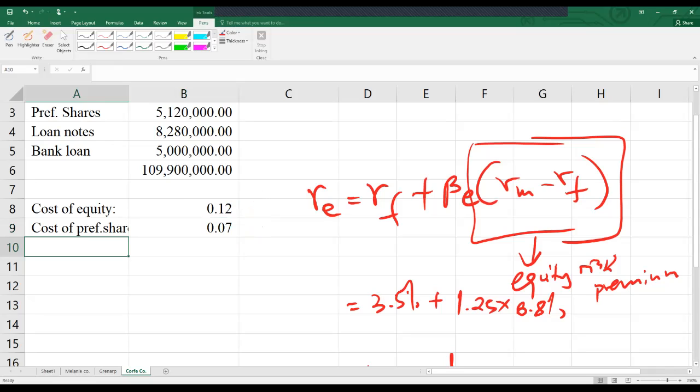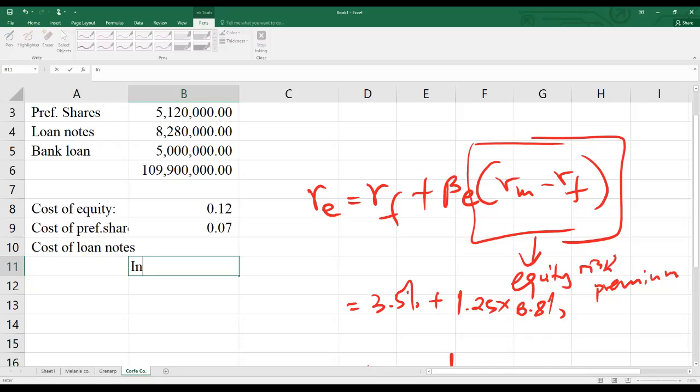Then the cost of the bank loan, sorry, cost of notes, for this company. Let me go to the details. It can be redeemed in 5 years' time at a 10% premium to the market value. Currently, it is paying an 8% note. Therefore, you can get the interest: you'll be paying the holders 8% times the nominal value of the bond, 100.